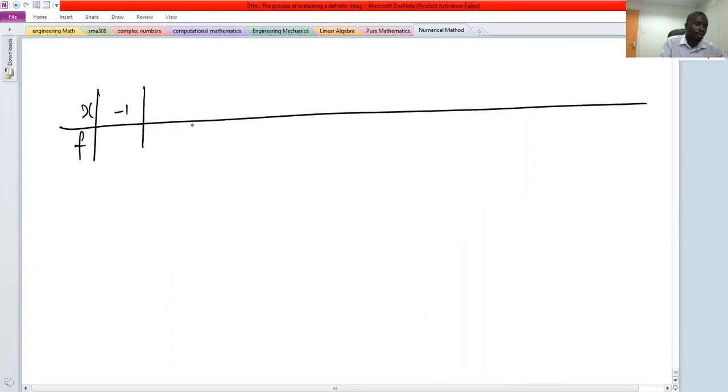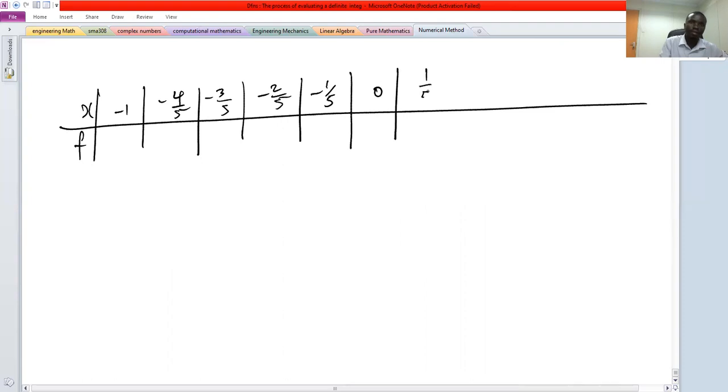Negative 1, add 1 over 5, you get minus 4 over 5. And then we have minus 3 over 5, minus 2 over 5, minus 1 over 5, and then 0, 1 over 5, 2 over 5, 3 over 5, 4 over 5, 1.